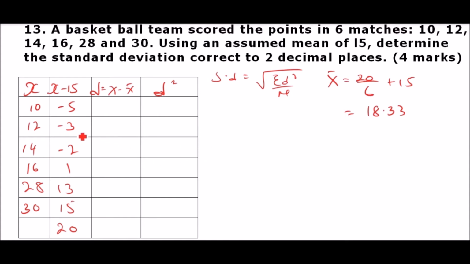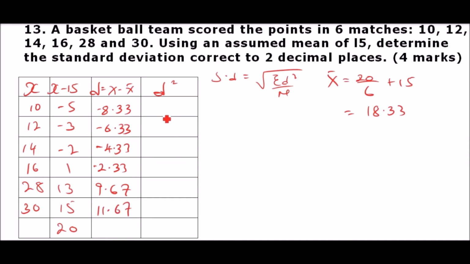So 10 minus 18.33, and here we will get minus 8.33. Here we get minus 6.33, and then we have minus 4.33, we have minus 2.33, you use your calculator, we have 9.67, and we have 11.67.